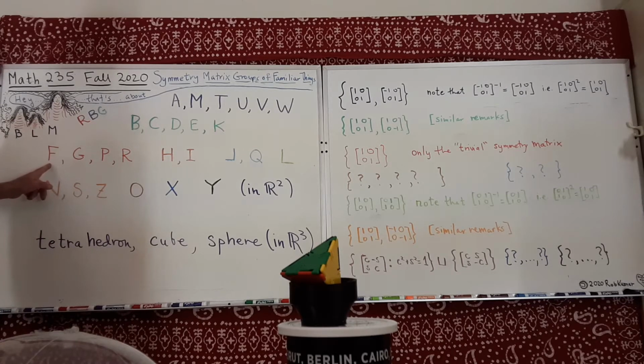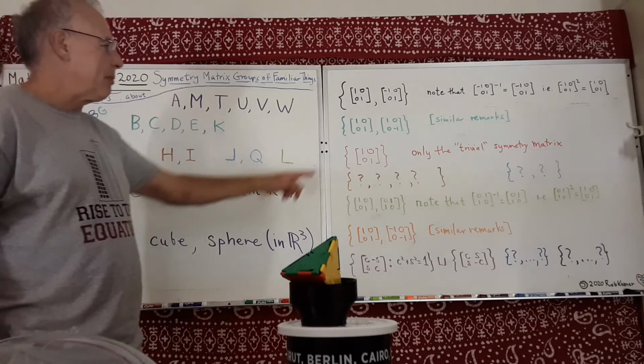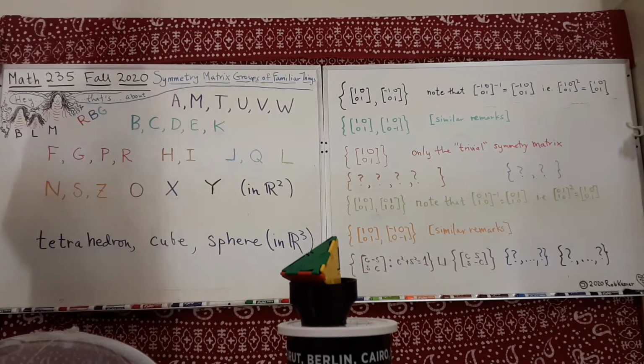The next collection of letters that we get to, this is sort of a shuffle. Everything is increasing in order in the usual order of the alphabet, but we've shuffled things. F, G, P, and R are the only letters which I think, regardless of how carefully you write them, only have the trivial symmetry matrix, namely the identity matrix.